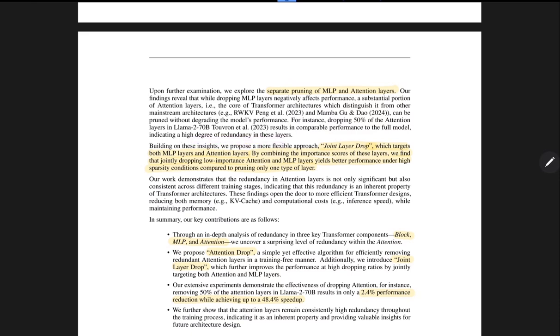This redundancy is present in the attention layers, which are highly similar. Building on these insights, joint layer drop targets both MLP and attention layers by combining importance scores of these layers.